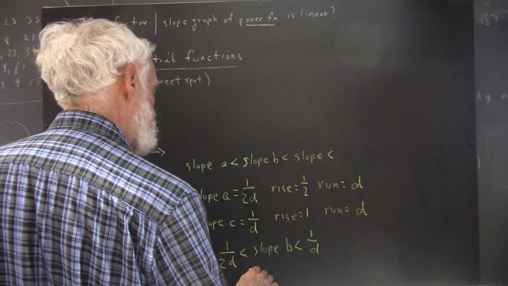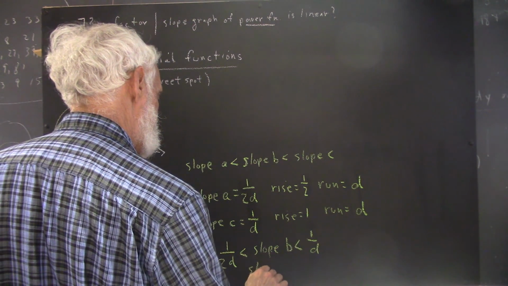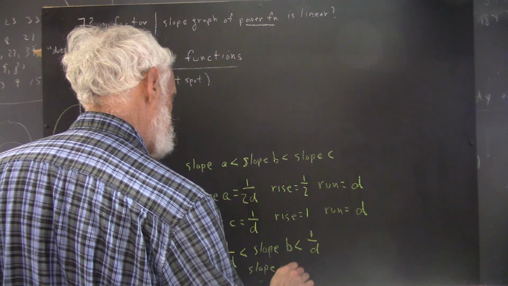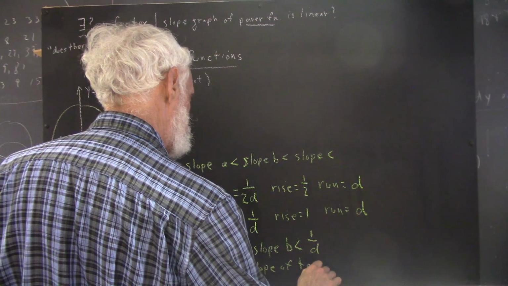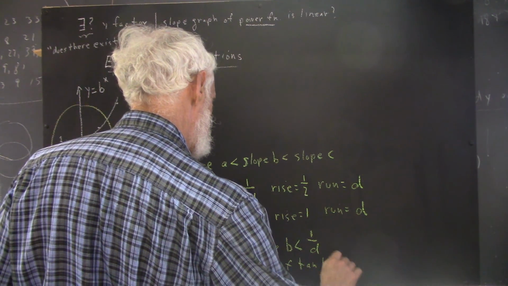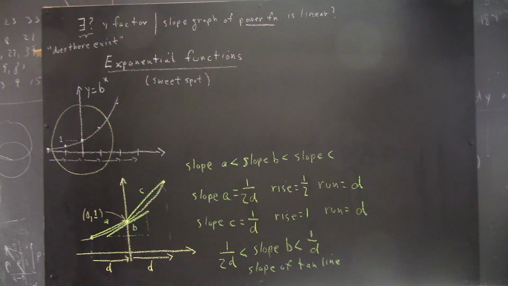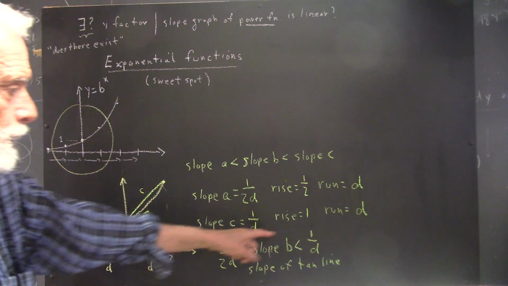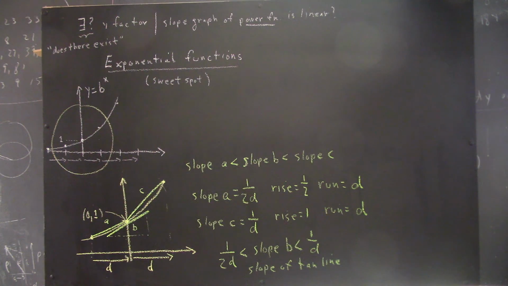And this is the slope of the tangent line. Okay, so we have this pretty neat inequality for the slope of the tangent line.